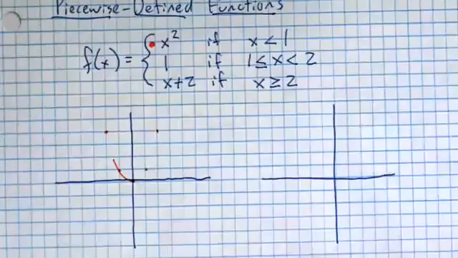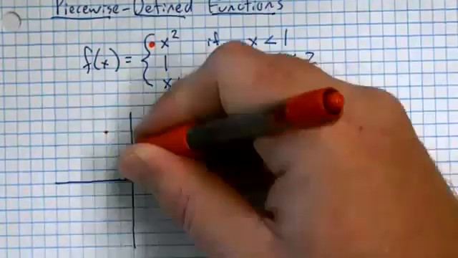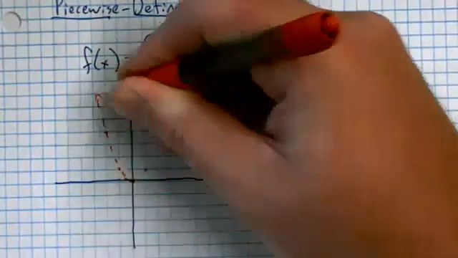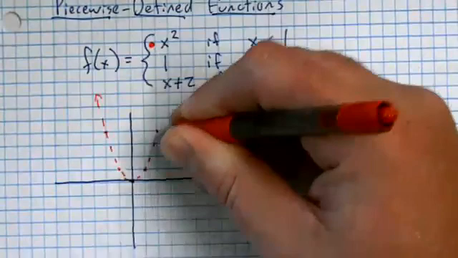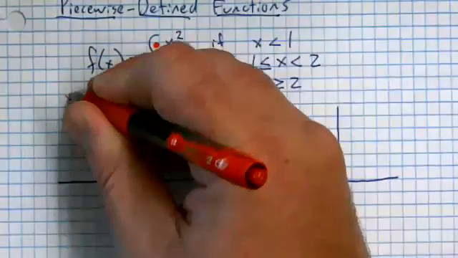I did say dash line, didn't I? And I didn't do it. And if you don't have colors, that's okay. We'll just label here y equals x squared.